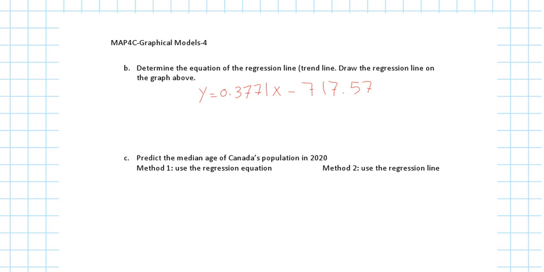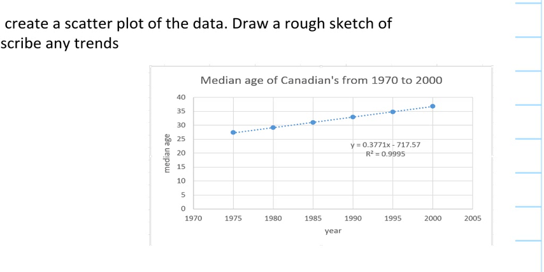So if I do this, and plug in 2020, not 20, 2020. What do you get? 44.17. Does it make sense? If I go back here, 44, yeah, because this is going to keep going up, right? That's my trend, that's what's happening.